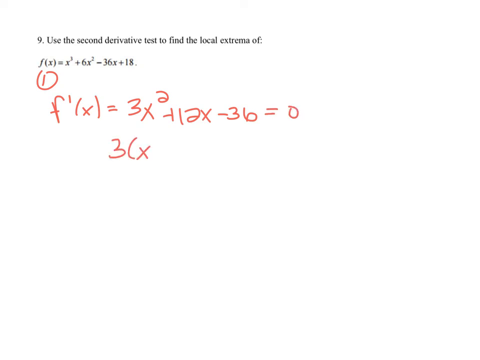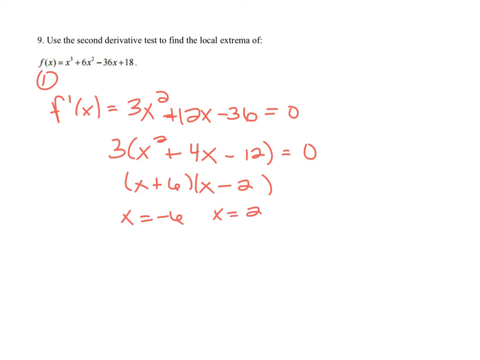I'm going to take a GCF out, and I'm left with x squared plus 4x minus 12 equals 0. Then I'm going to factor this and get plus 6 and minus 2. So x equals -6 and x equals 2 are your critical points.